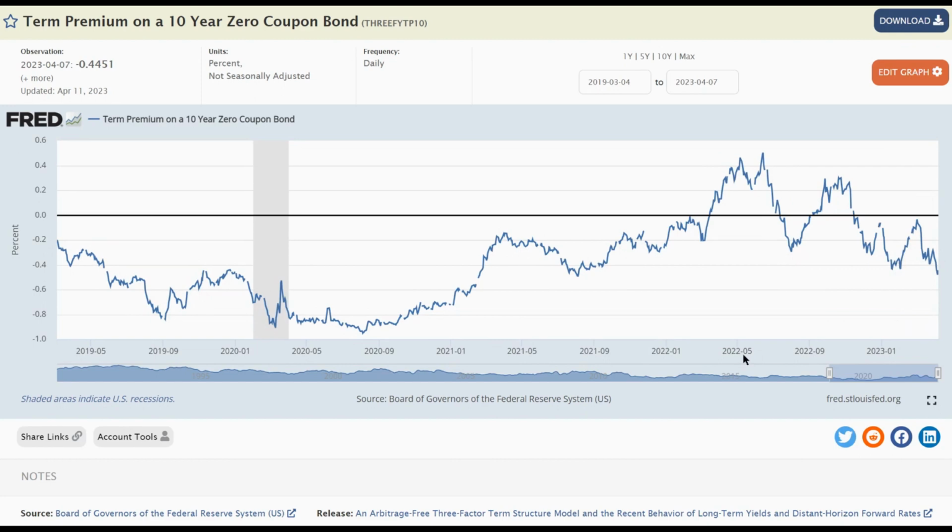As you can see, we are making new lows on the year, which is supportive of longer duration assets, and that means it's very difficult to stay short of long duration assets.